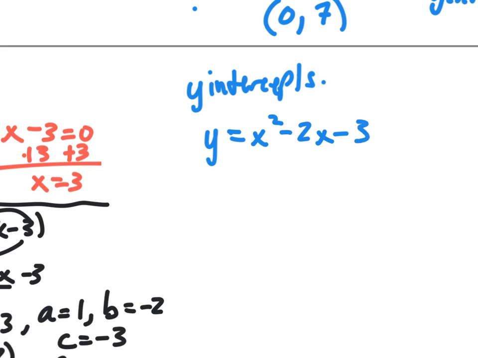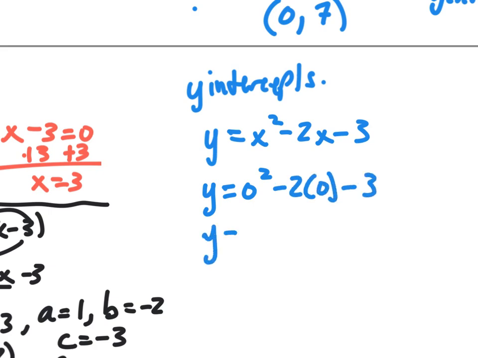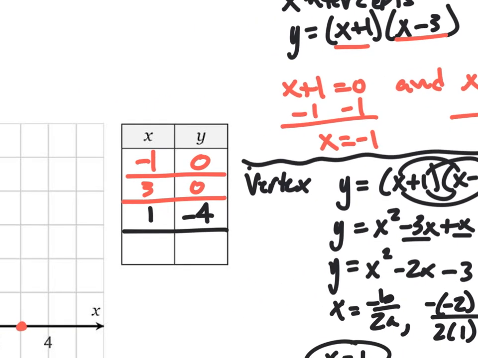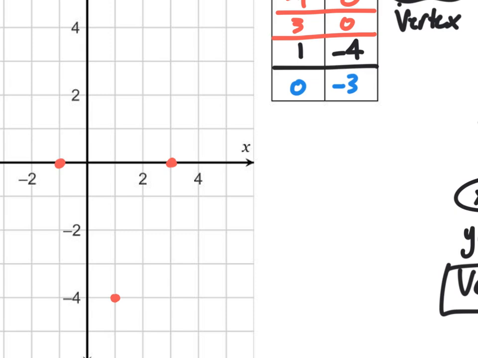If I plug in 0 for x, y equals 0 squared minus 2 times 0 and then minus 3, so I'm just going to get y equals negative 3. The y-intercept translates to the point 0, comma, negative 3. I'm going to put that point here, 0, negative 3, and that's another point on the graph. Let me color this black because that's where I found my vertex, and this is my y-intercept.